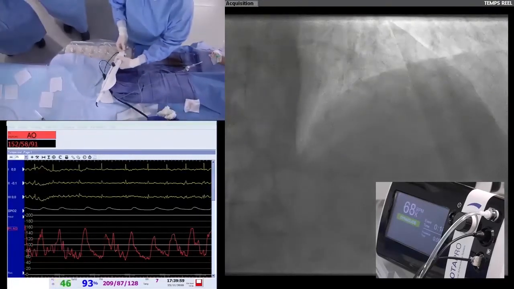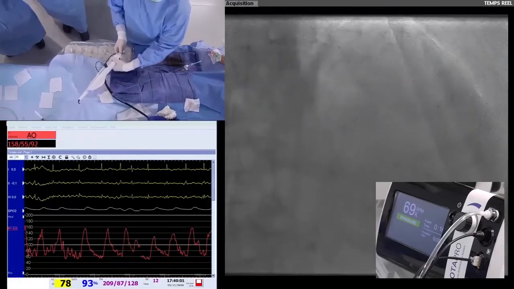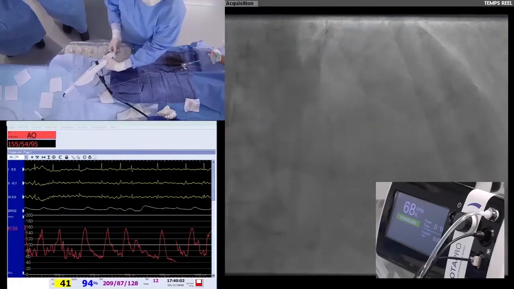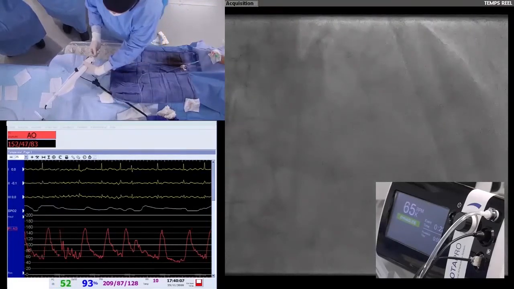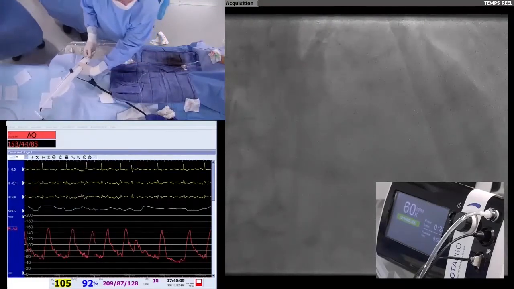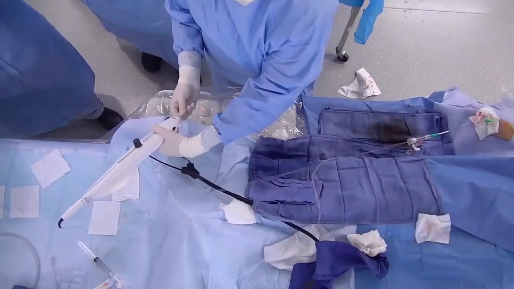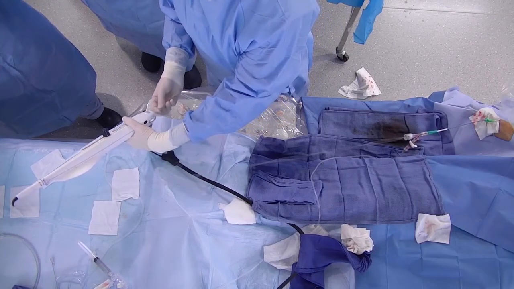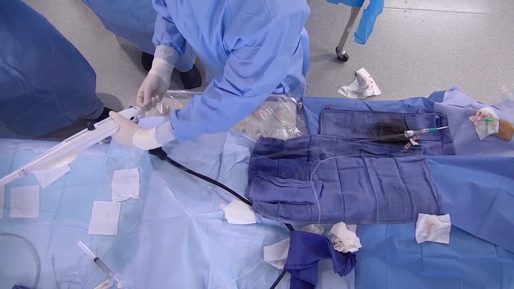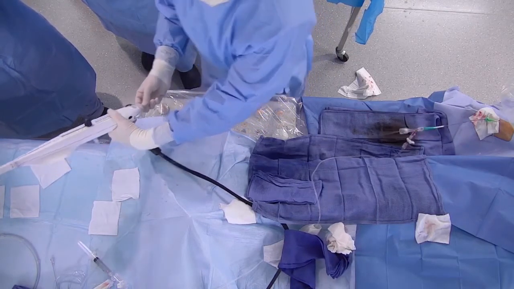And I push the wire, and thanks to that, the burr is pulling back inside the guiding catheter. I prefer to keep an eye on the guiding catheter due to the lesion in the left main, and also I keep an eye on the pressure.